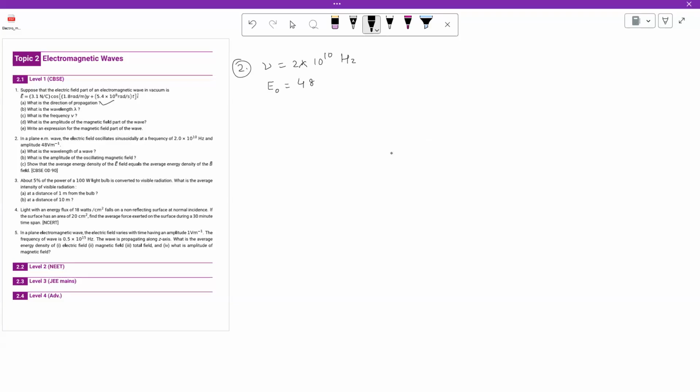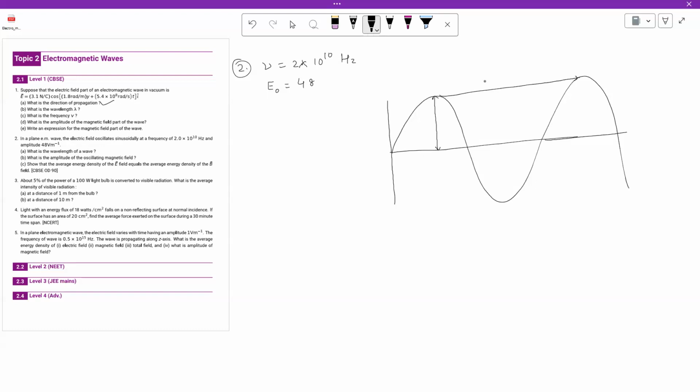Let's say that whenever you have a wave, amplitude means how high it goes, or what is the maximum value. This is the amplitude, and this is the wave. Let's say you plot the graph of y equals 3 sine theta, or 3 sine x.